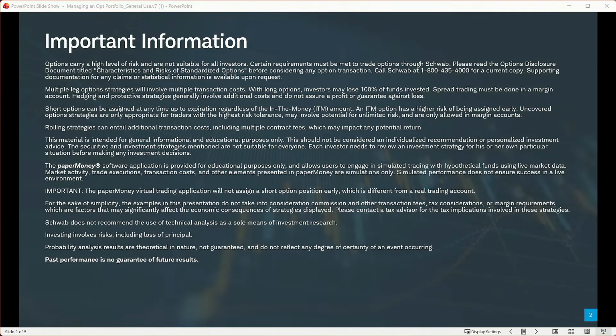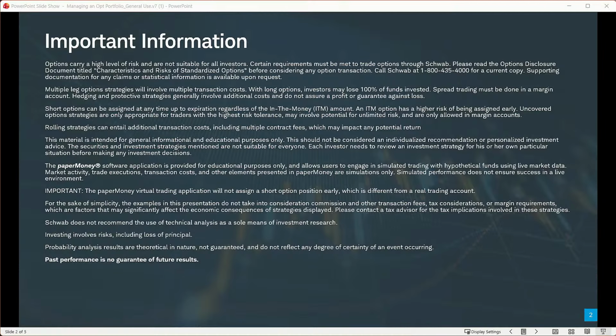Options do carry a high level of risk and are not suitable for all investors. Multiple-leg option strategies will involve multiple transaction costs. Short options can be assigned at any time up to expiration, regardless of the in-the-money amount, and rolling strategies can entail additional transaction costs. The paperMoney software application is provided for educational purposes only.